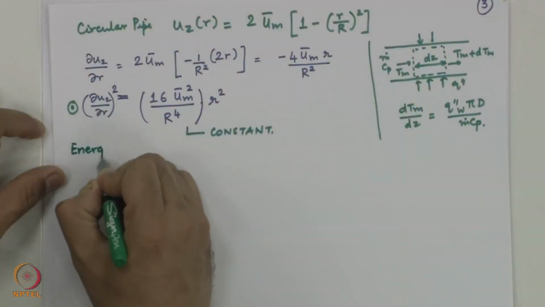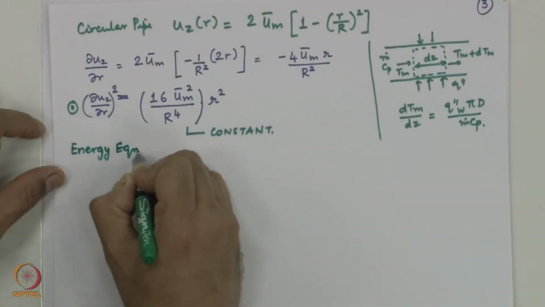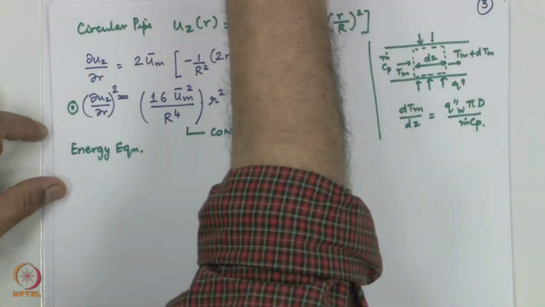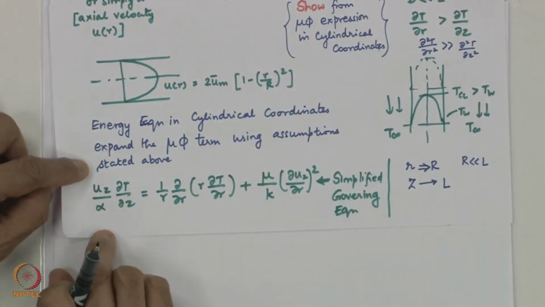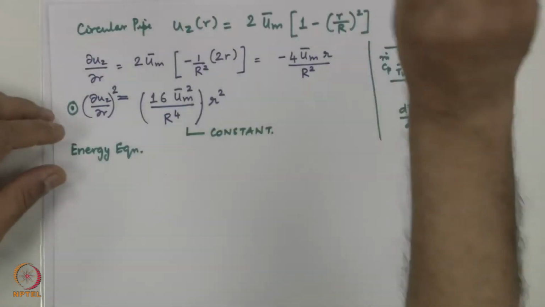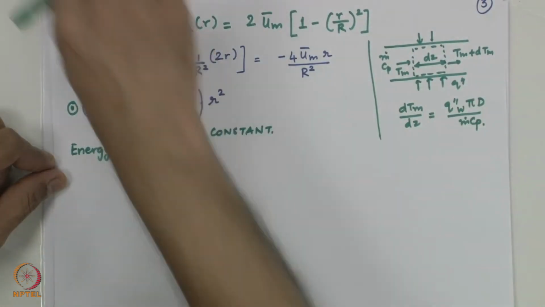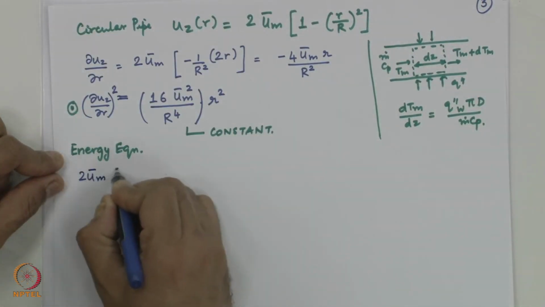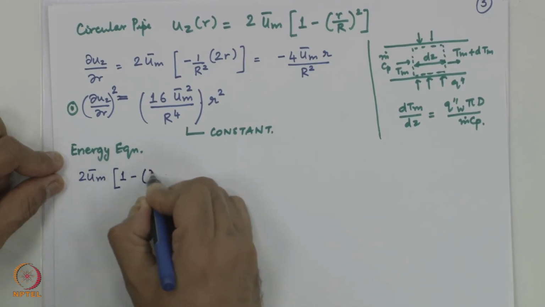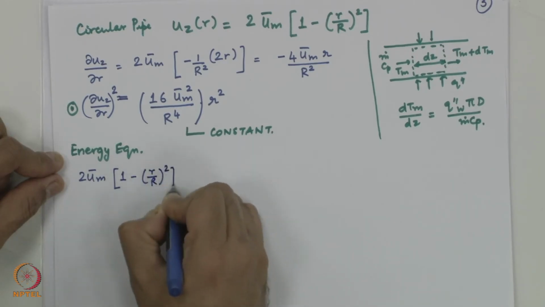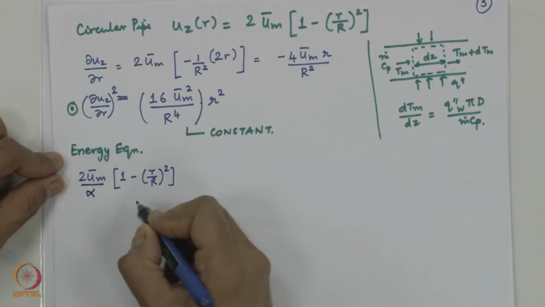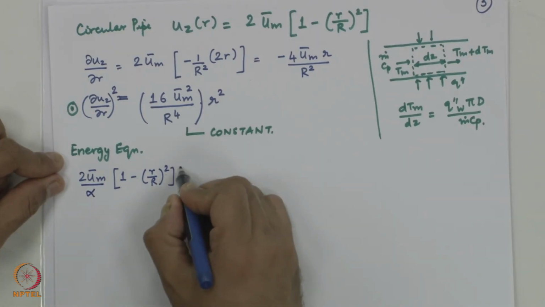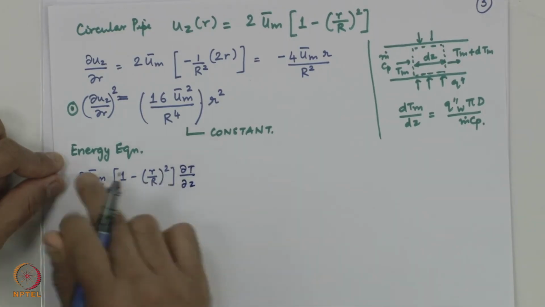Now, I will substitute for this in the simplified energy equation which we wrote in the last slide, u_z by alpha. So, this u_z by alpha I am going to write in terms of this. So, 2 u_m bar (1 minus (r/R) whole squared), alpha remains here, dT by dz as it is.